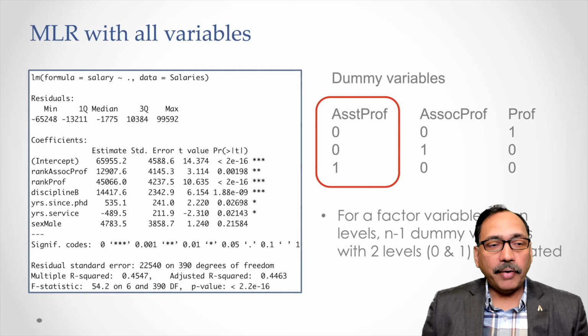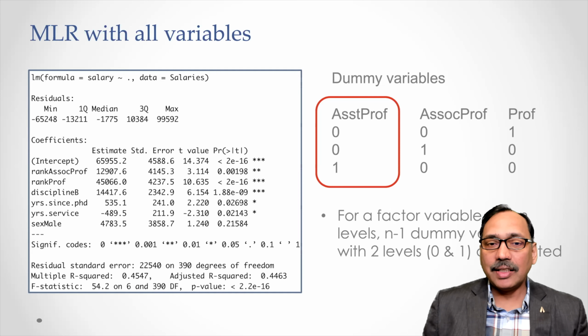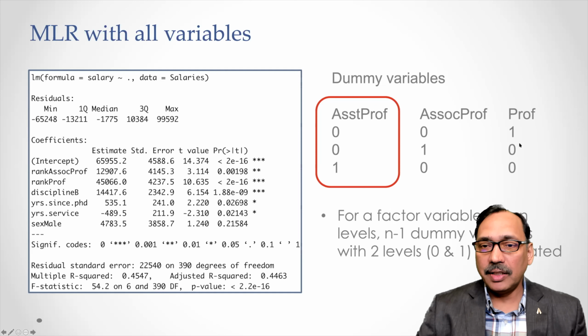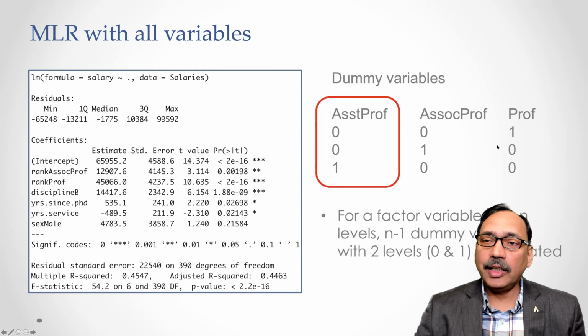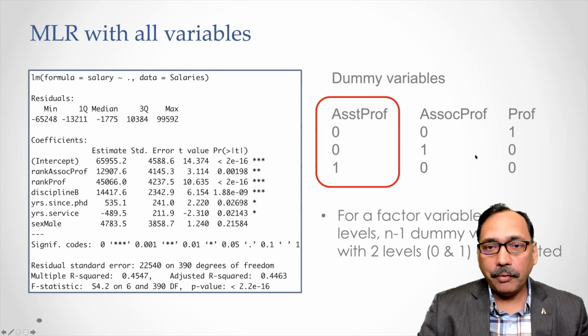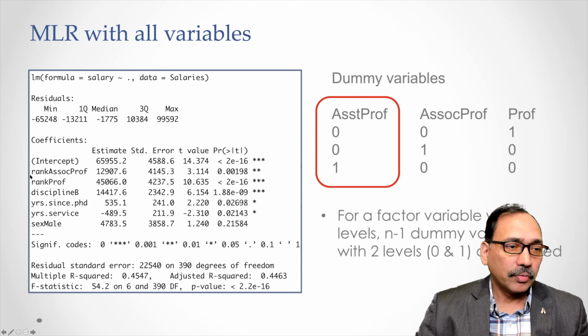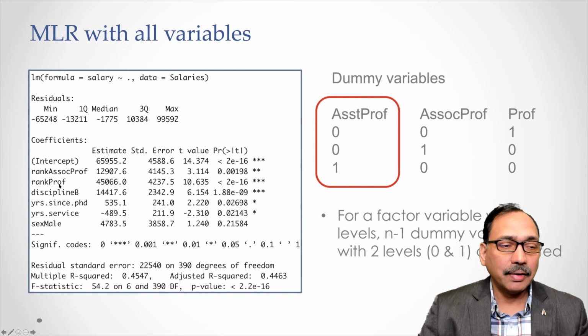So when a factor variable has 3 levels, we really need 2 dummy variables. When you have n levels for a factor variable, if you use n minus 1 dummy variables, you'll be fine. We don't have to do this manually because R automatically takes care of this. It has created rank associate professor and rank professor as 2 dummy variables.